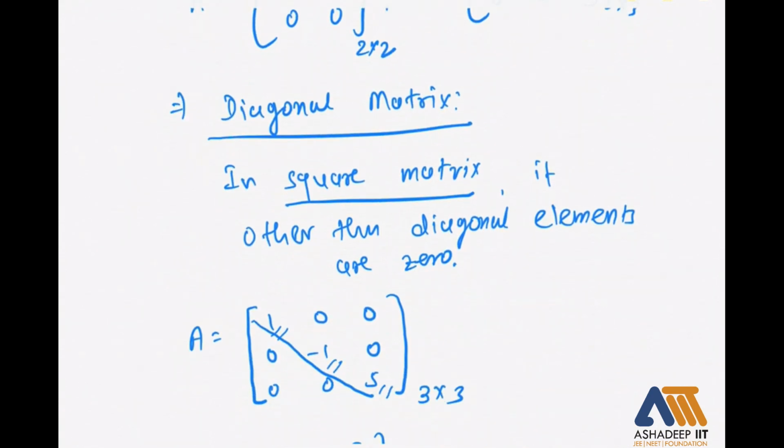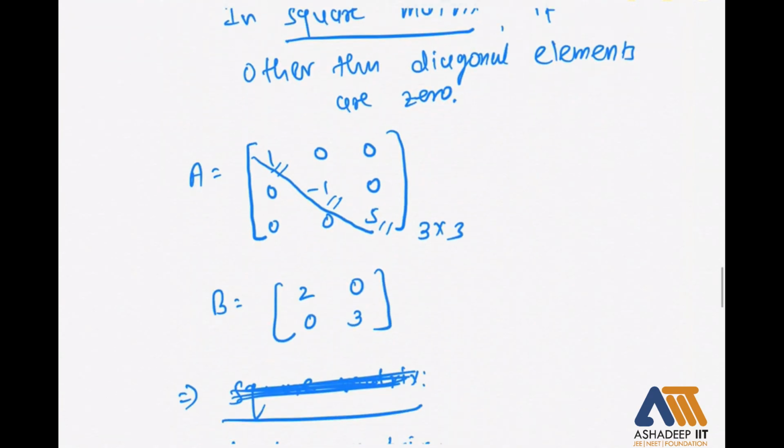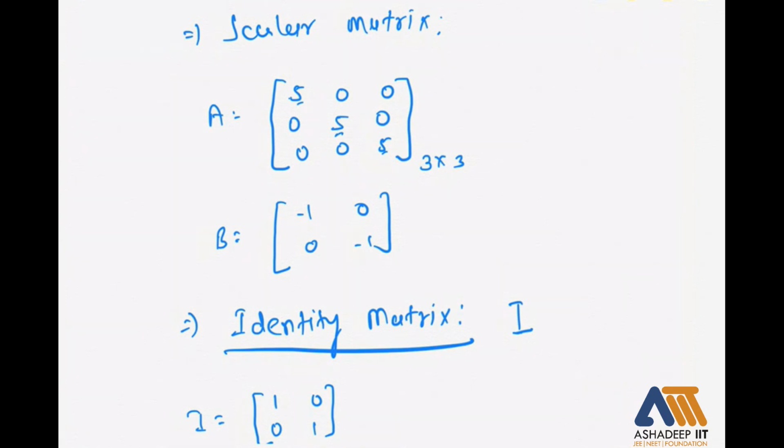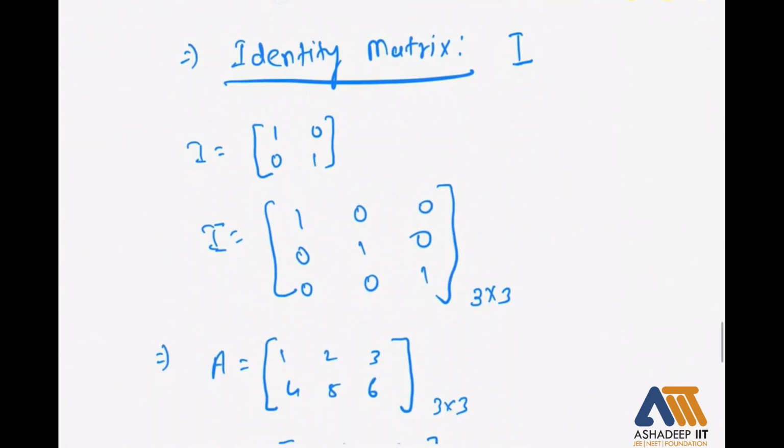Diagonal matrix: in a square matrix, if elements other than diagonal elements are zero, then that matrix is said to be a diagonal matrix. Then scalar matrix: in the diagonal matrix, if diagonal elements are equal, then it is said to be a scalar matrix. Identity matrix: in the scalar matrix, if diagonal elements are 1, then it is said to be an identity matrix.